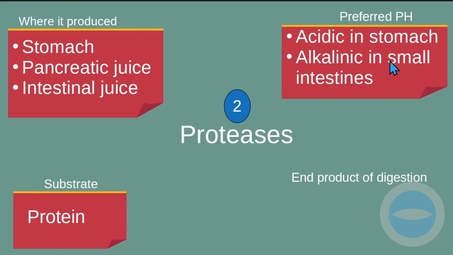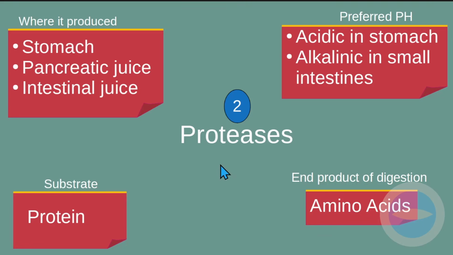It is alkaline in the small intestine, because it's also found in the intestinal juice. So in either condition, this enzyme functions. And then the end product is amino acids. When the protein is broken down, we end up with amino acids. So this is the end product of the reaction: the catalyst is protease, and we end up with amino acids.